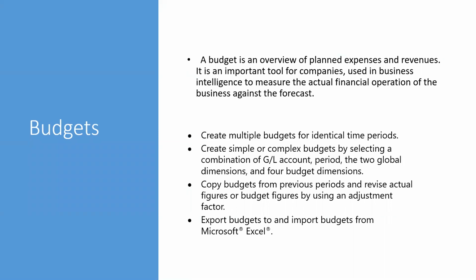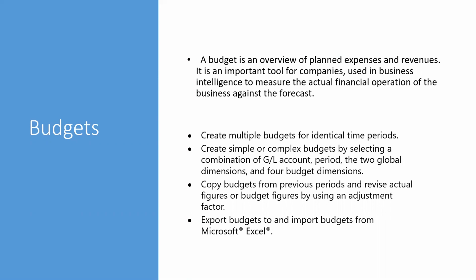Then we also have a copy budget tool from previous periods, and you can check actual figures or budget figures by using an adjustment factor. What does this mean? Well, we have a tool to copy budgets, because preparing budgets, as you know already, I don't have to mention it, is very time consuming. So we can do it in NAV, and last but not least, we work together with Excel.